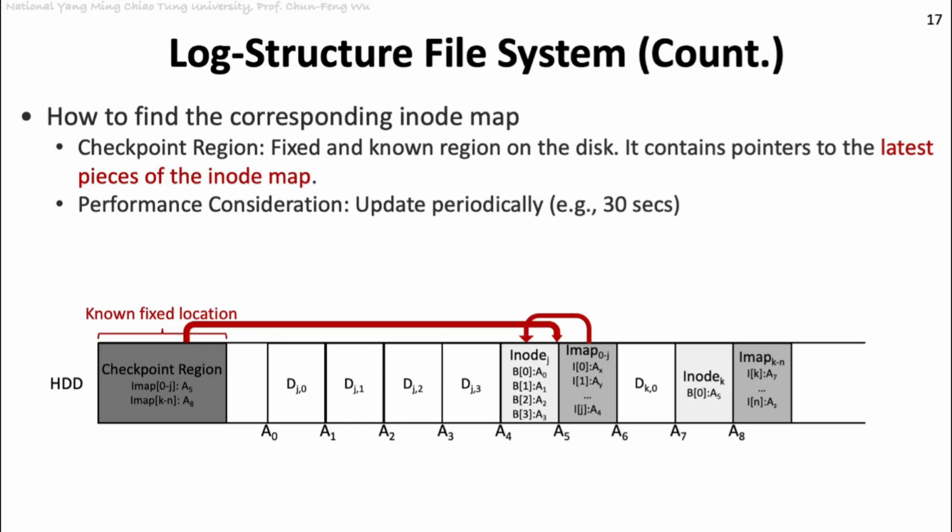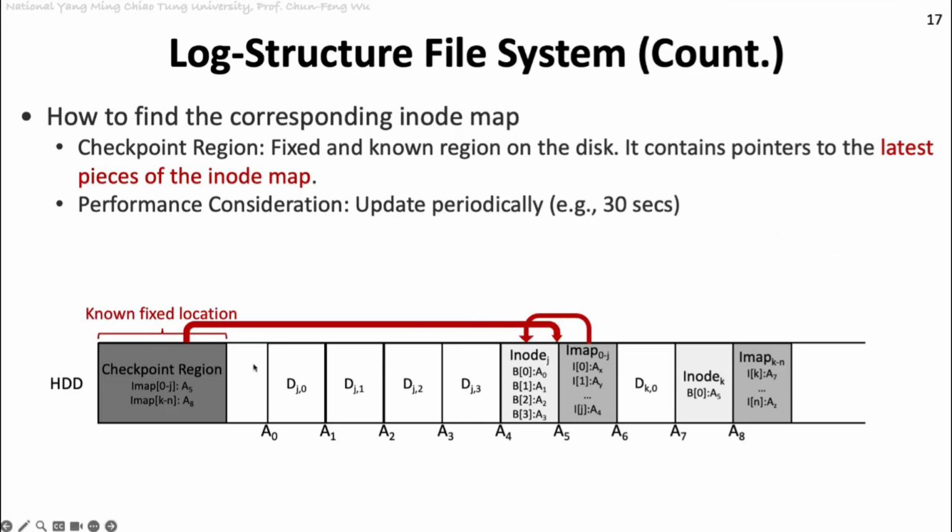Think about when we talked about page table walking: we still need to get the very first table, right? We need to put the first page table address in the CR3 register to start the page table lookup. The same thing here, we need some place to guide us to the first inode.